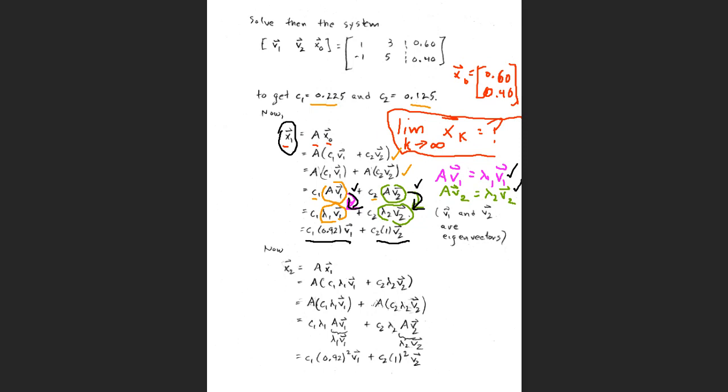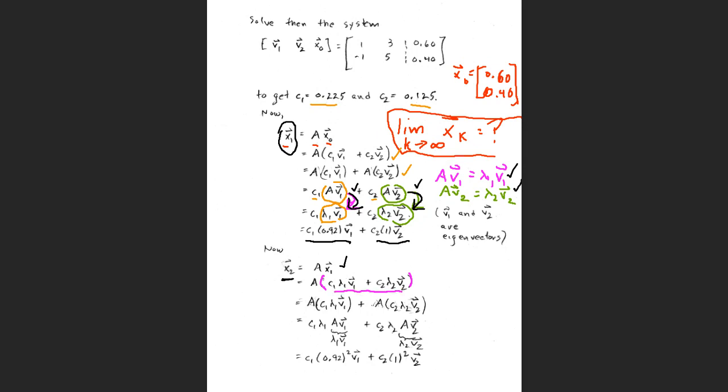How can we express x2, which is the population distribution after 2 years? That equals A times x1. And for x1, we can substitute in this expression here: C1 times lambda 1 V1 plus C2 times lambda 2 V2.